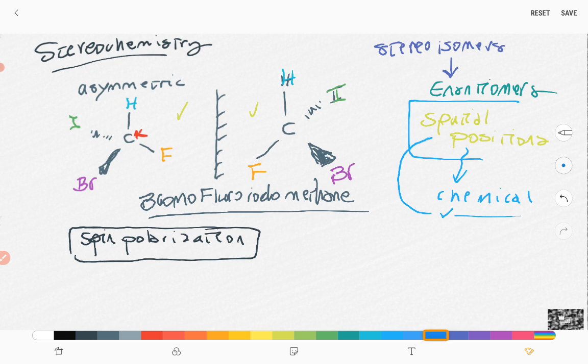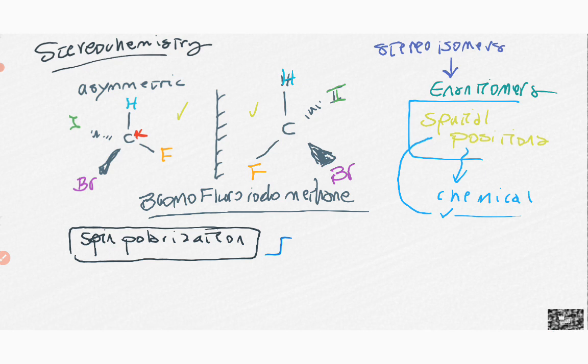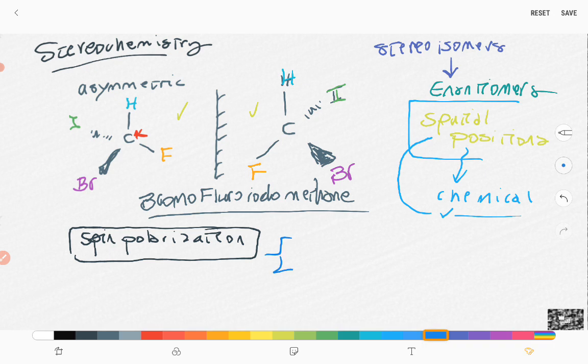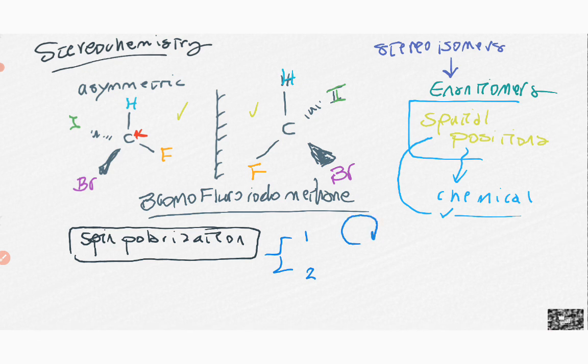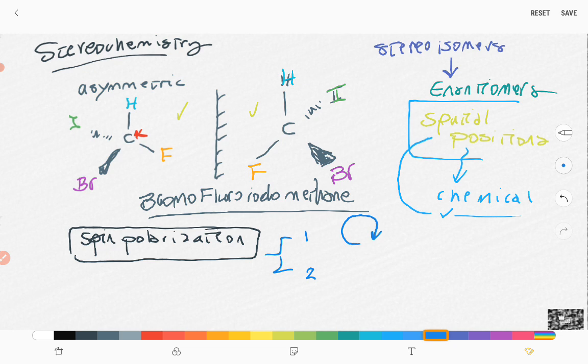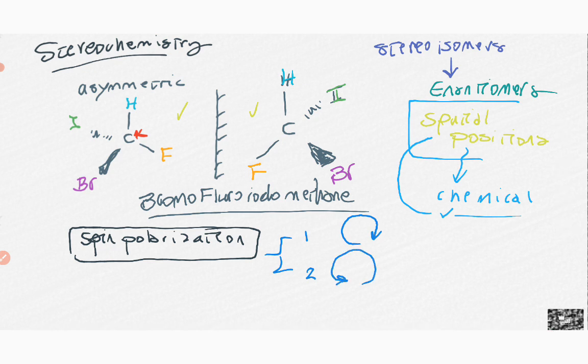When you impose the molecules to a light line, one of the enantiomers, for example, if you call them 1 and 2, one of the enantiomers will spin like this, and the second one will spin like this.